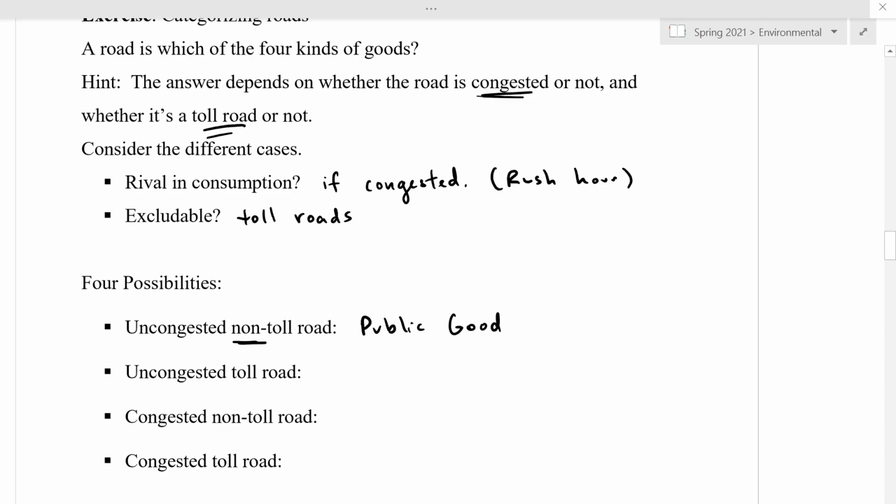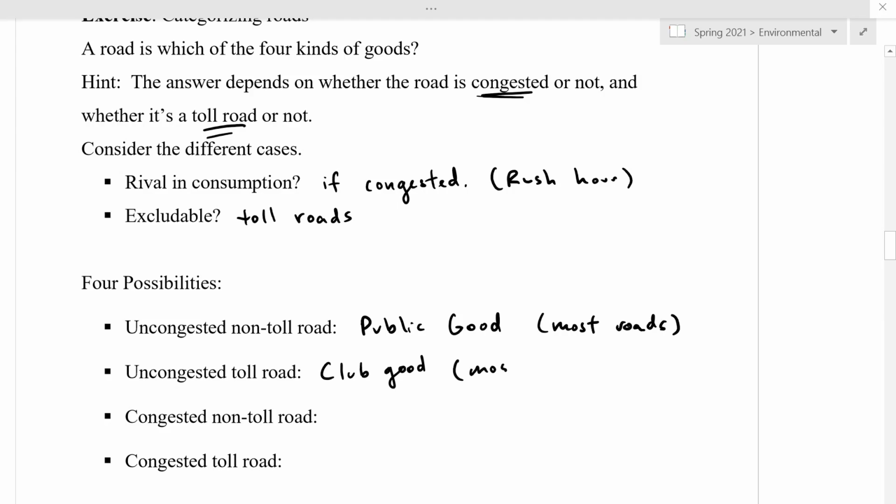Uncongested toll road, we can think of this as a club good. Uncongested means that it's not rival in consumption.